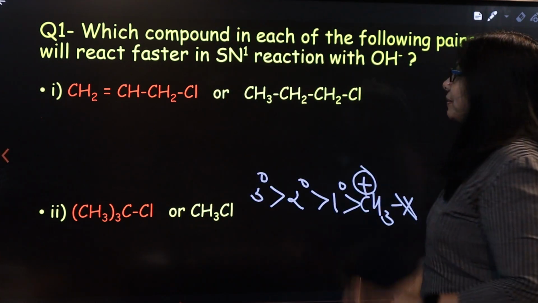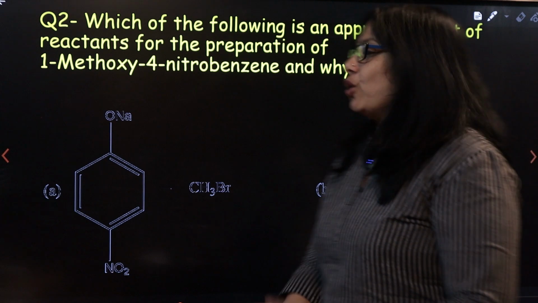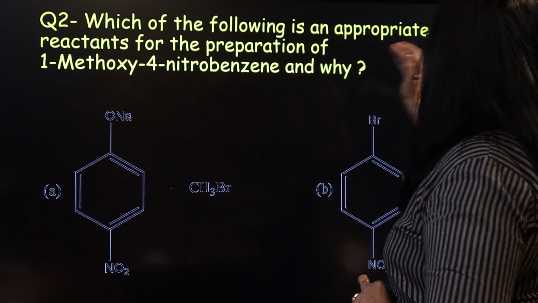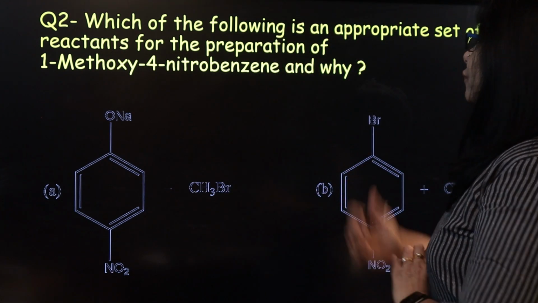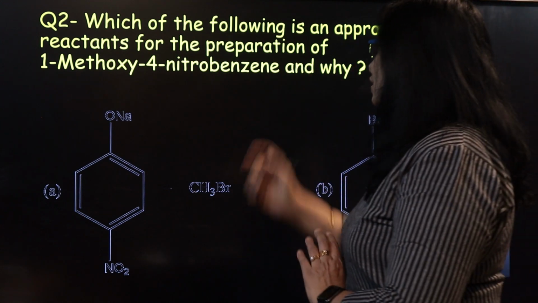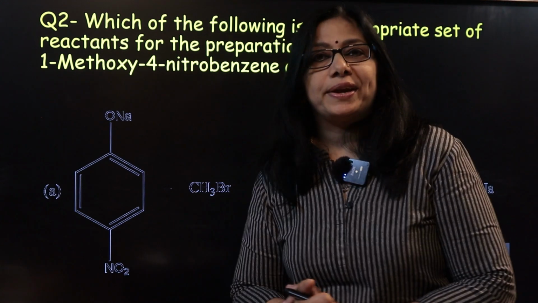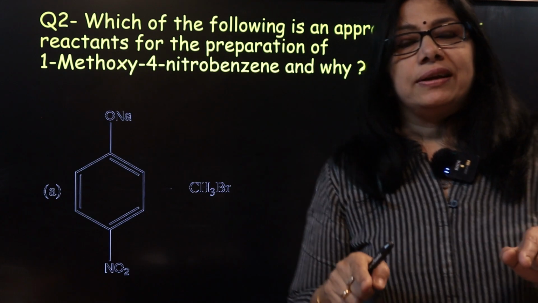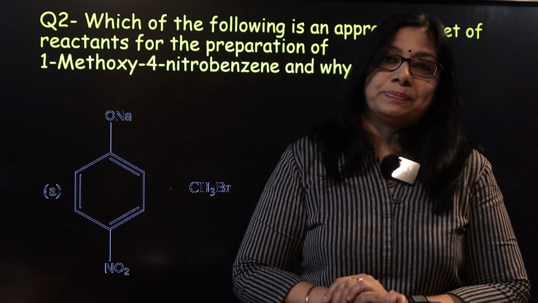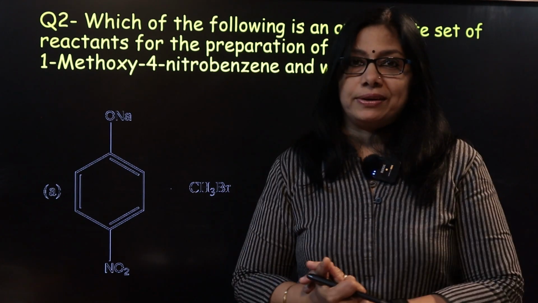Now, the next question. Which of the following is an appropriate set of reactants for the preparation of 1-methoxy-4-nitrobenzene, and why? It is a textbook question.